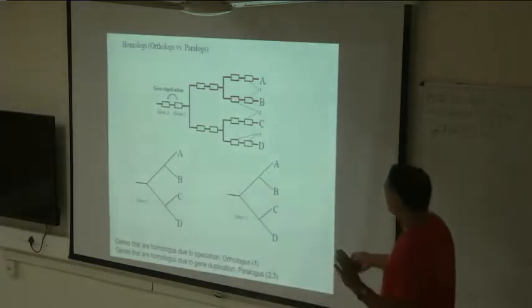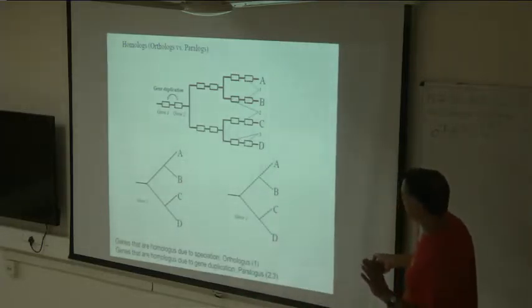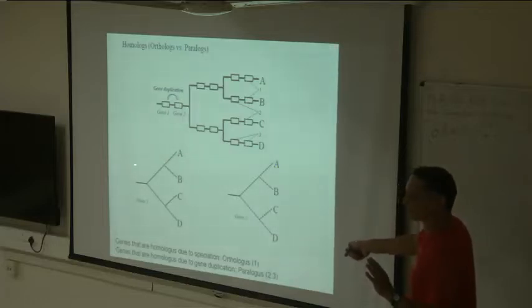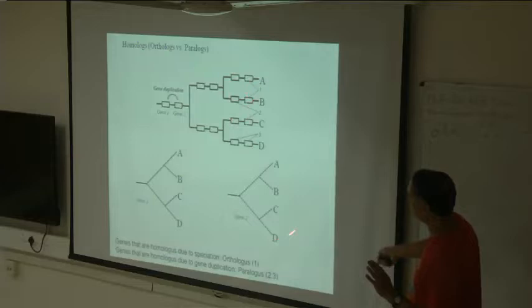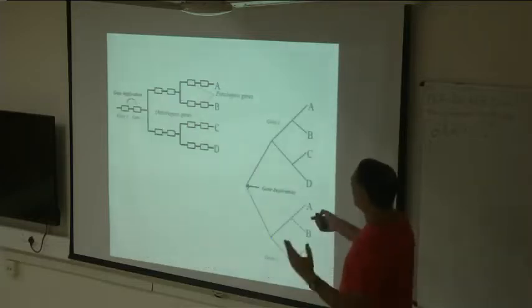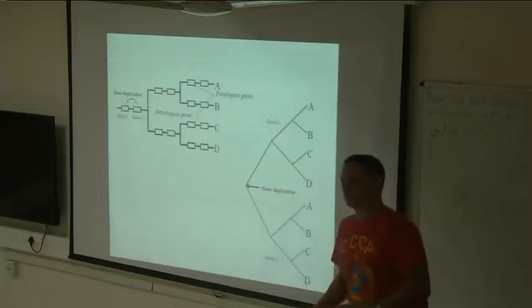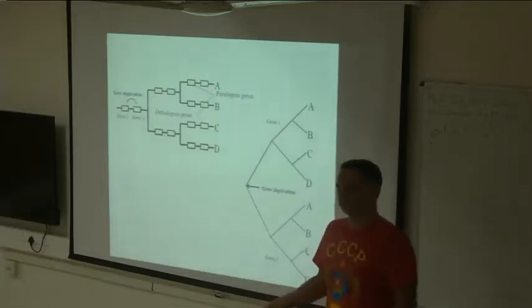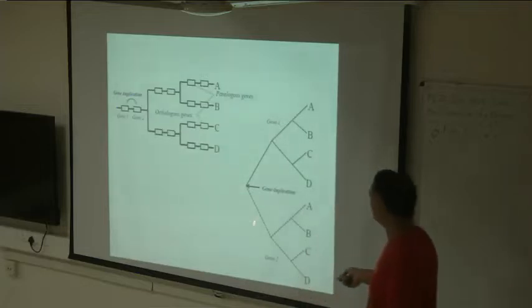Okay? Now, if you just use gene 1, you'll get a phylogeny like so, gene 2, another phylogeny, perfect, everything is under control. Now, if you use both of them, both the copies, in an alignment and build a tree, the tree will look like this.